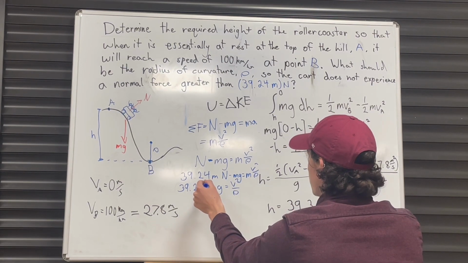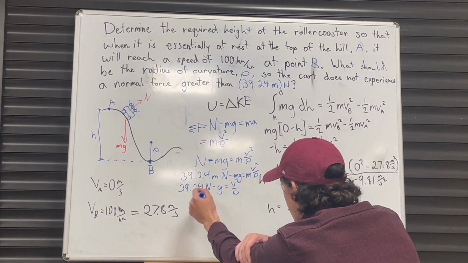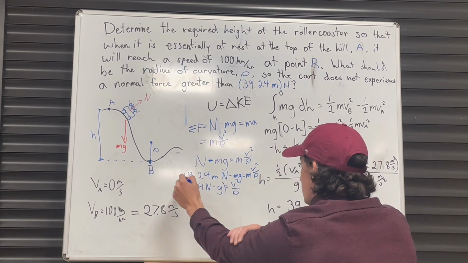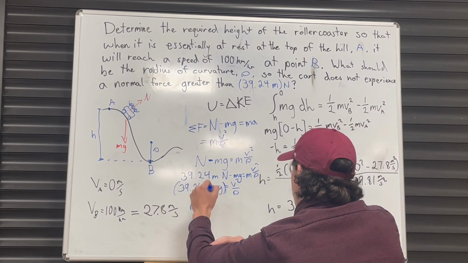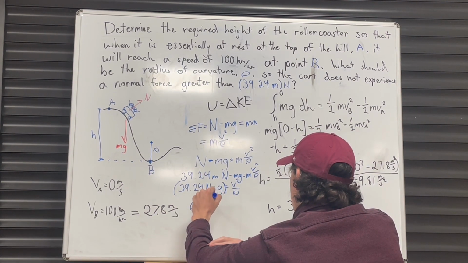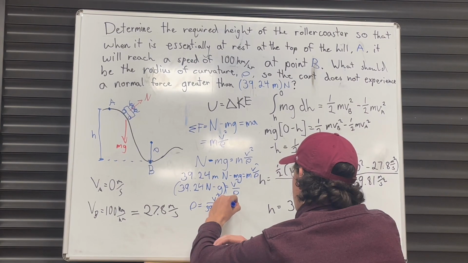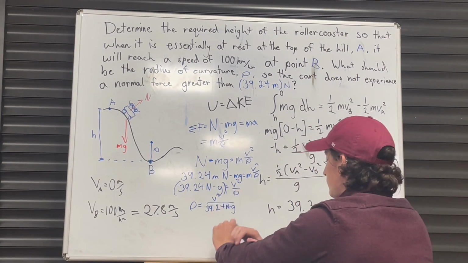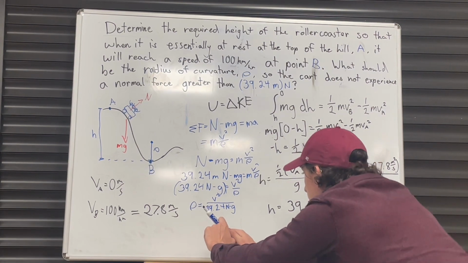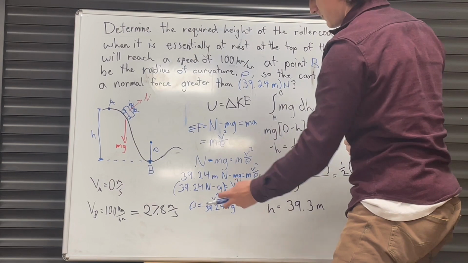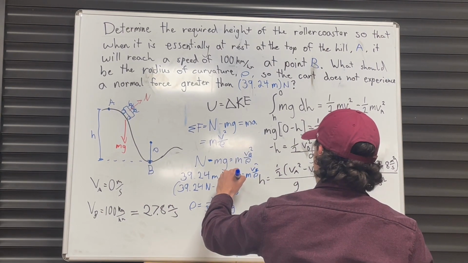Multiplying rho over and dividing by this whole term here, we get rho equals v squared over 39.24 minus g. And that would be the velocity at B.